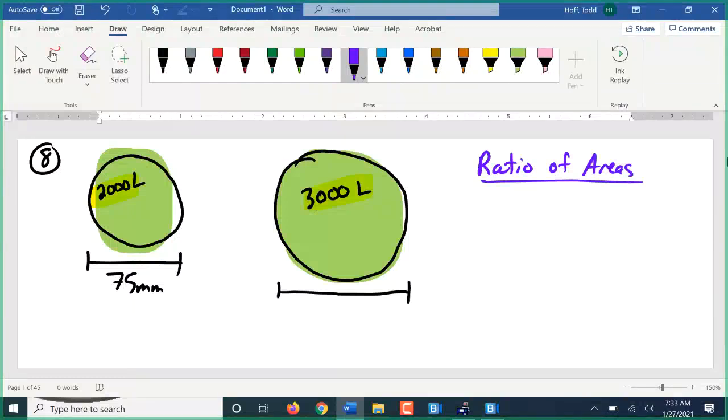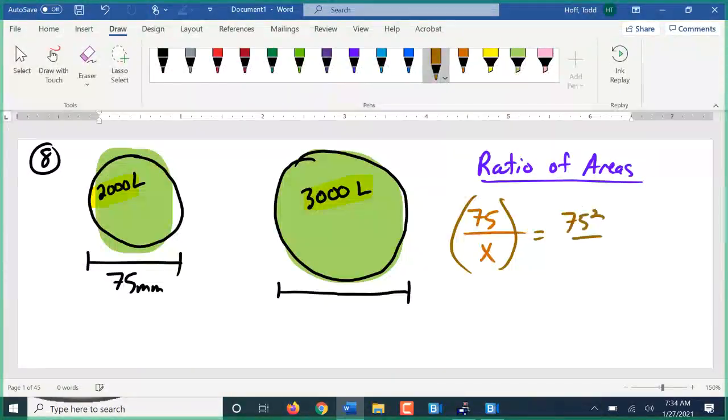So our ratio here, 75 millimeters squared is our length. X squared is our new length. Now, what we really did there was the ratio of lengths was 75 to X. We squared that ratio, 75 squared to X squared.